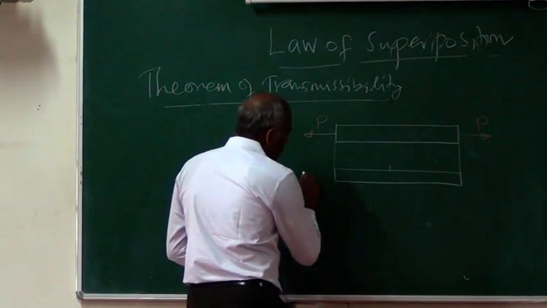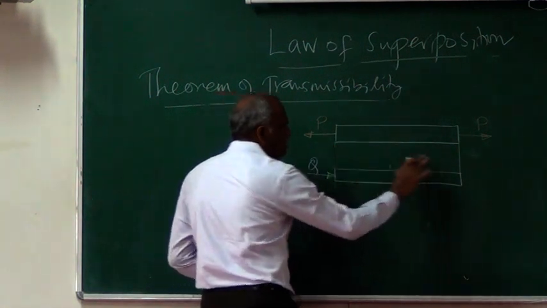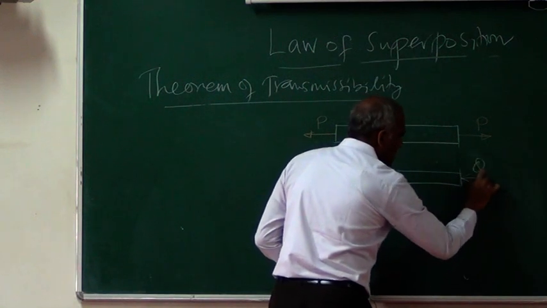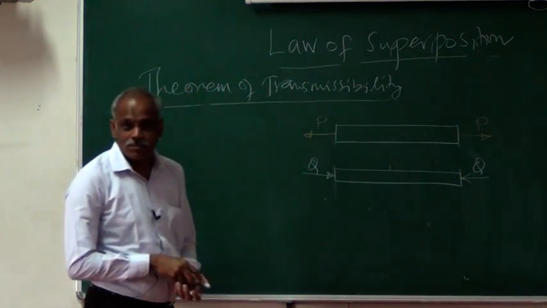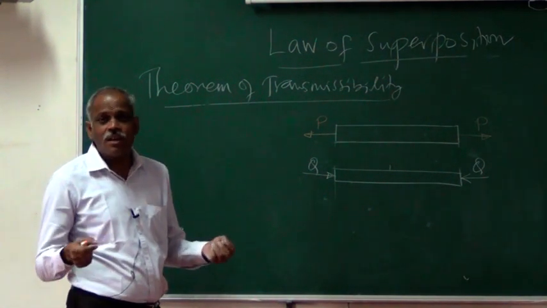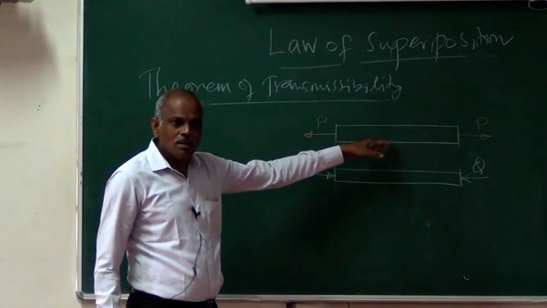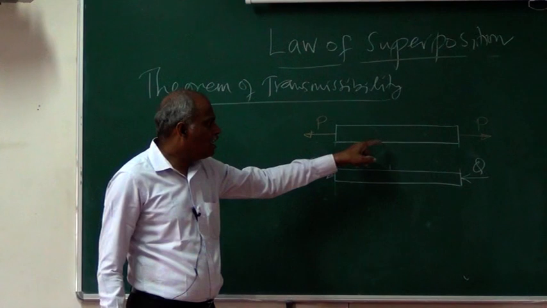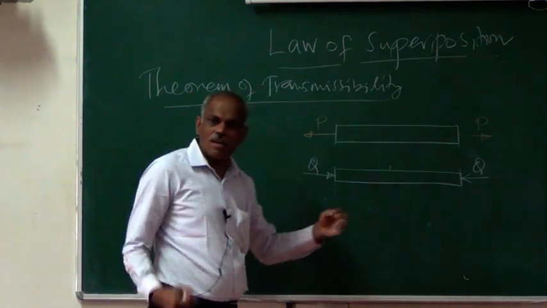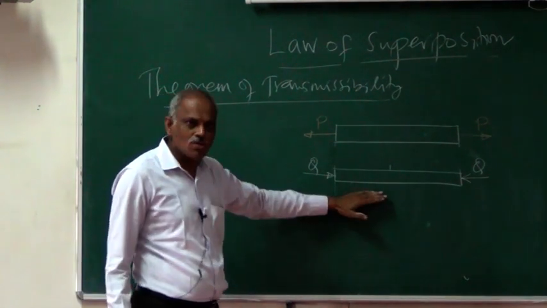Then in another body which is identical, there is a force Q acting on it, and these two bodies are in equilibrium. That means the two forces P are equal in magnitude, opposite in direction, and collinear in action. Q is also like this.